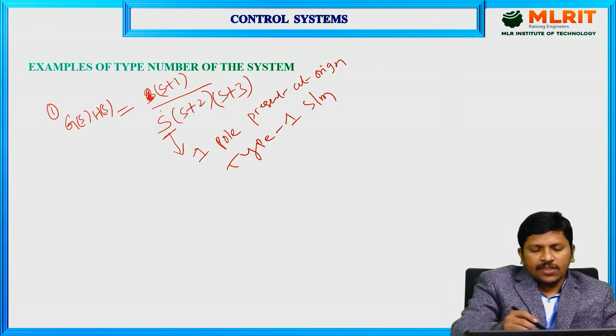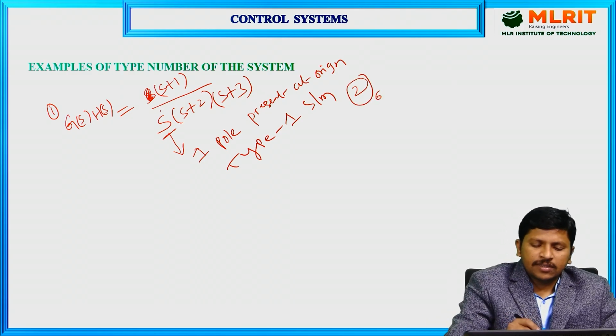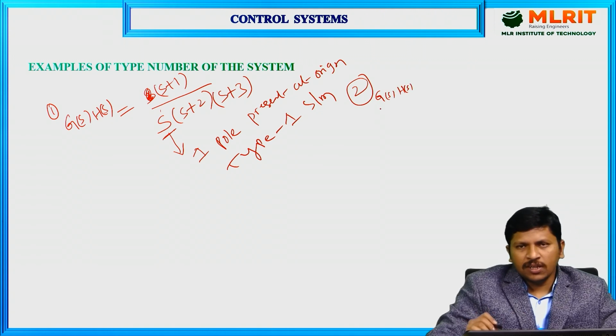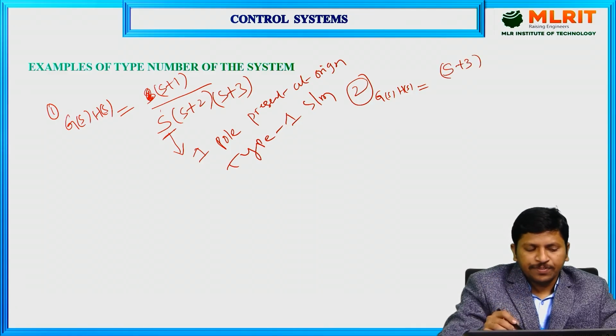For the second example, consider the loop transfer function G of s into H of s equals s plus 3 divided by s square into s plus 2 and s plus 5.